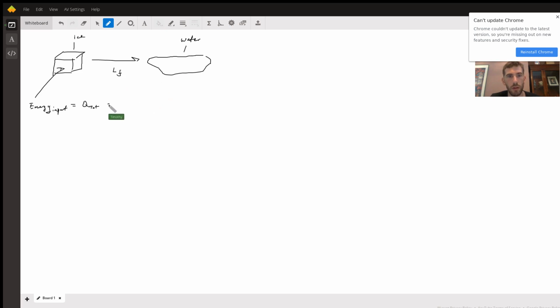So Q total will be the total energy input, and that's going to equal Q1 plus Q2 plus Q3. The heat to bring the ice to a temperature where it can change into water is just going to be mass times the specific heat of ice times change in T1.